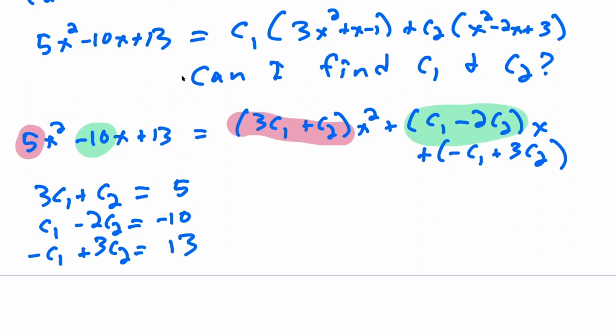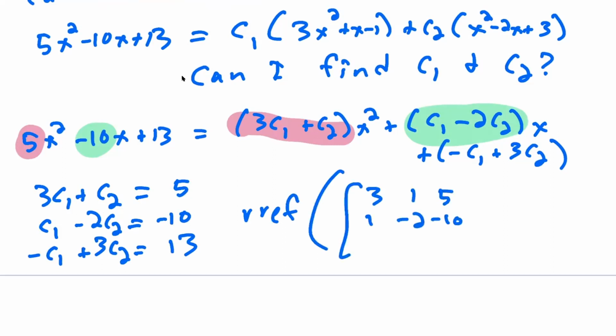Does this all look right? Okay, cool. And again, I just want to know if there are solutions. So I'm going to look at the reduced row echelon form of that.